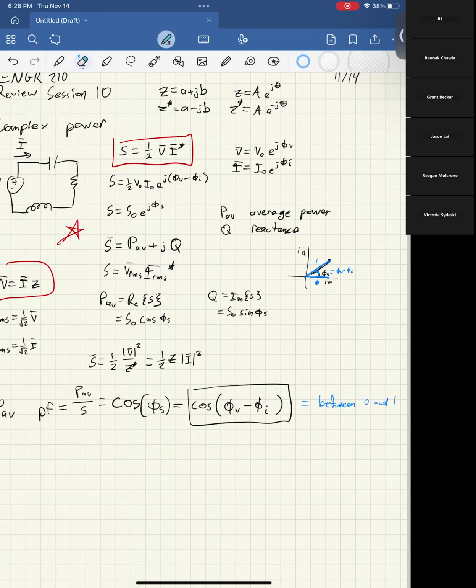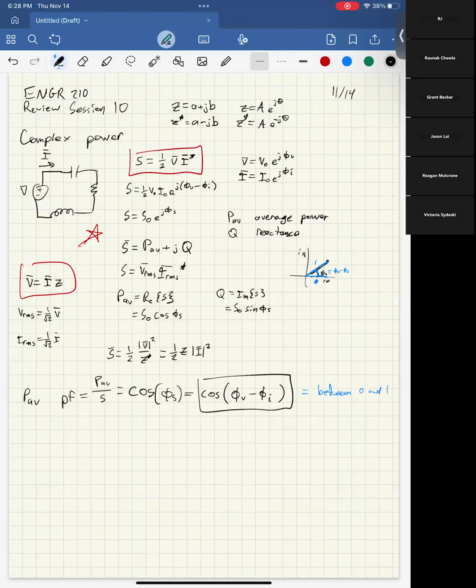And then last but not least of things I'll mention at the beginning here is maximum power transfer. If I have some circuit and then I convert that to a Thevenin equivalent, let's call this Z circuit, Z_C. We know what this is, this is our V. And then we want to find the maximum power that this circuit can transfer to some load Z_L.